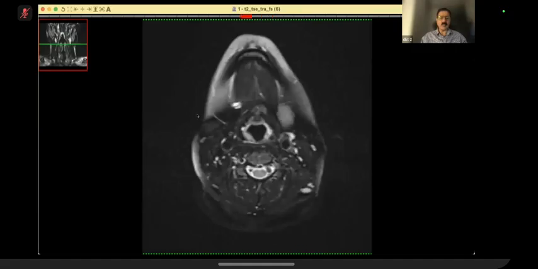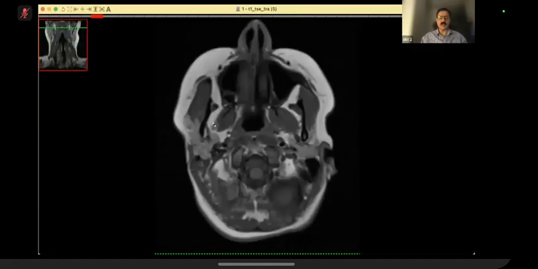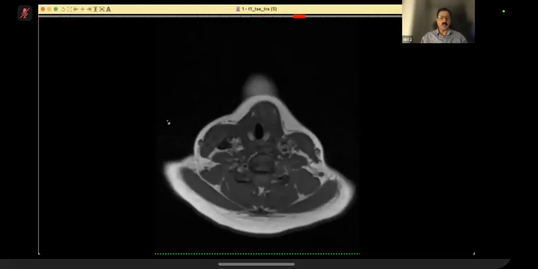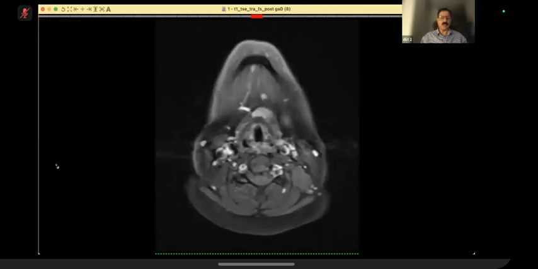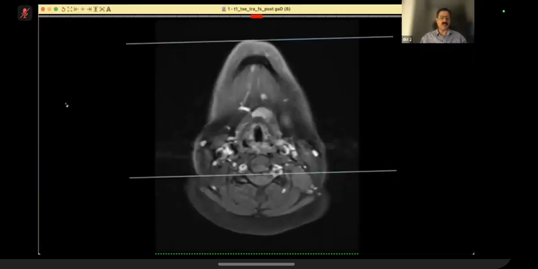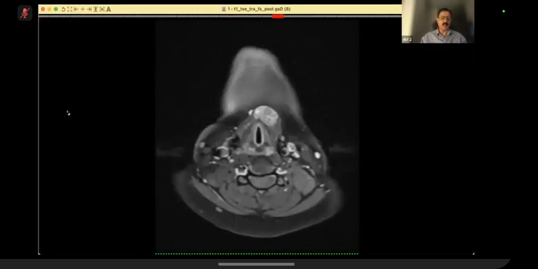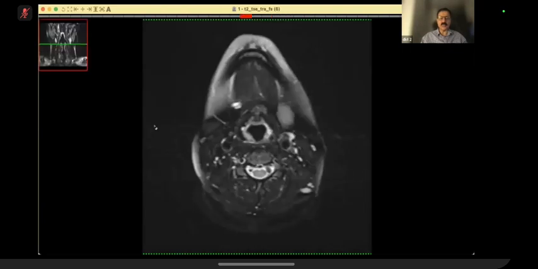We do a T1 non-fat saturated axial. We do a pre-contrast T1 weighted sequence, which will be fat saturated, and then post-contrast. So four axial sequences. Now, coming back to the first sequence, which I showed you, was this one.